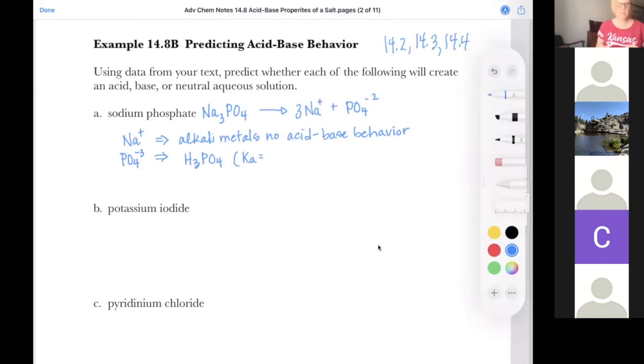So even just generally knowing it's a weak acid, the conjugate base would be fairly strong. So here we have a fairly strong basic solution.